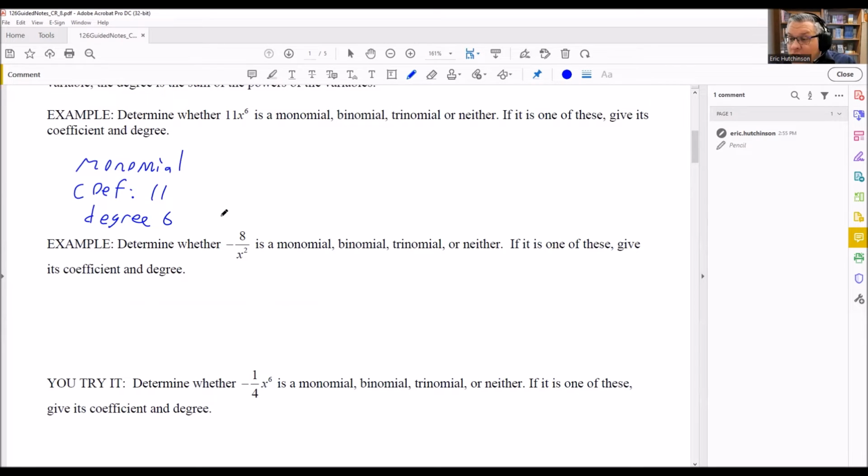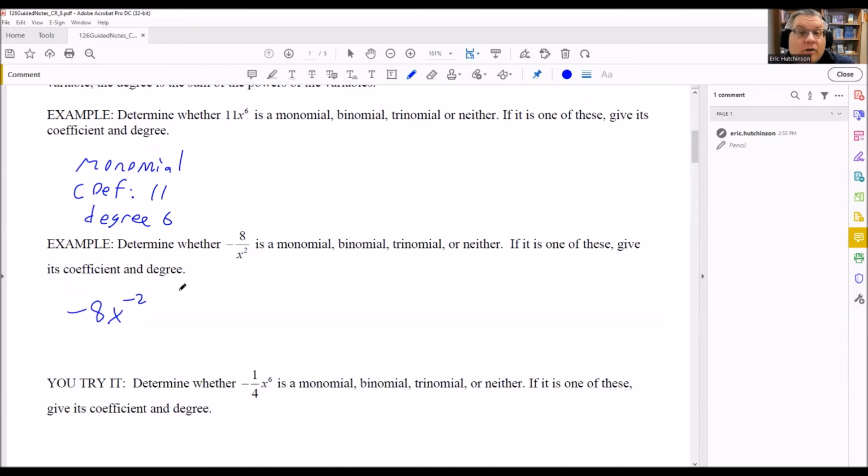Now, the next one, we've got an x squared that's on the bottom of a fraction. So although it looks like it's going to be positive, in actuality, that's going to be a negative exponent. If you take this and you move it up to where we don't have a fraction anymore, if you move it across the division bar, the exponent becomes negative.